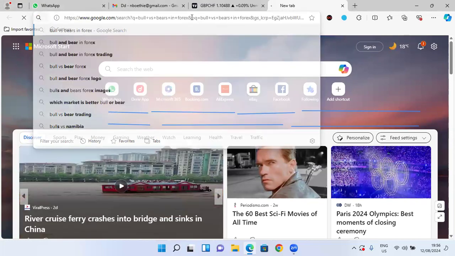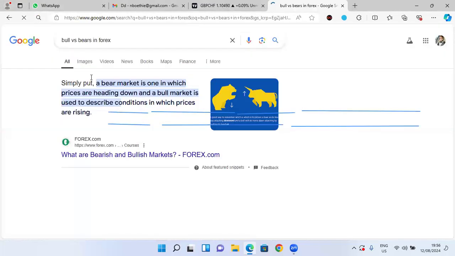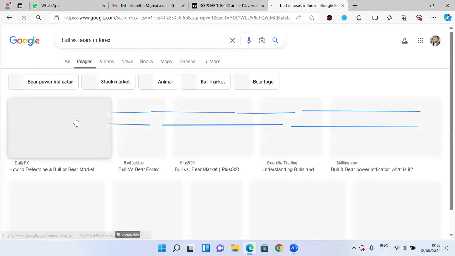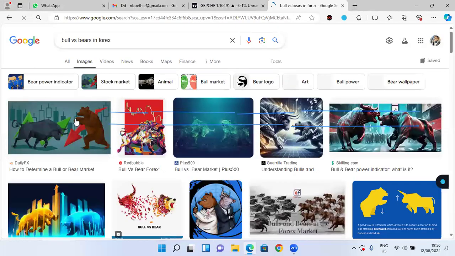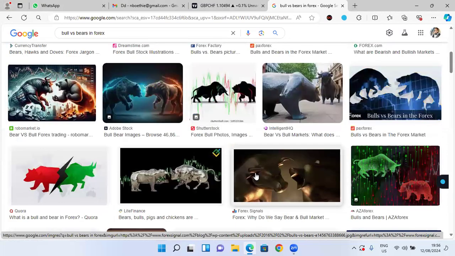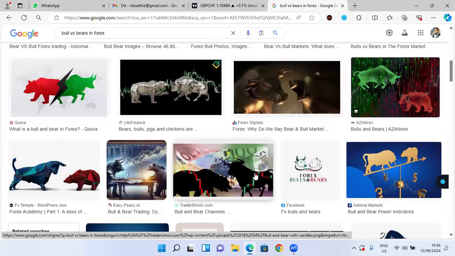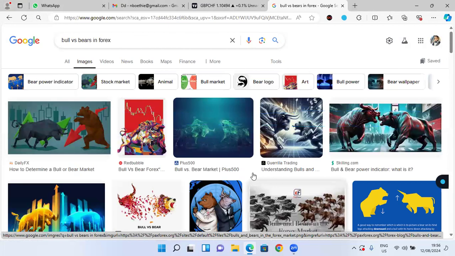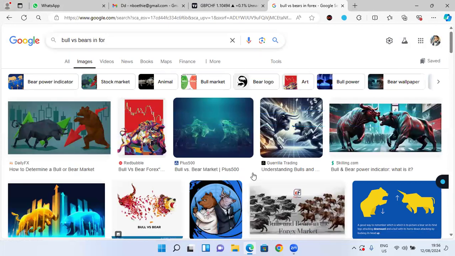If you look at the images, we can switch to images. Mostly you will find it, the famous one is at Wall Street.